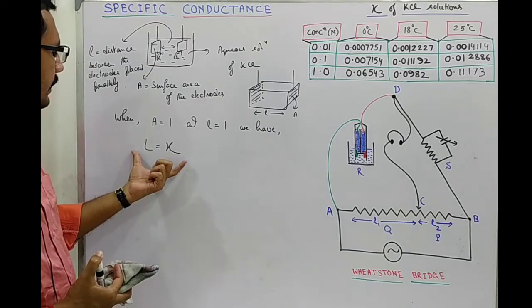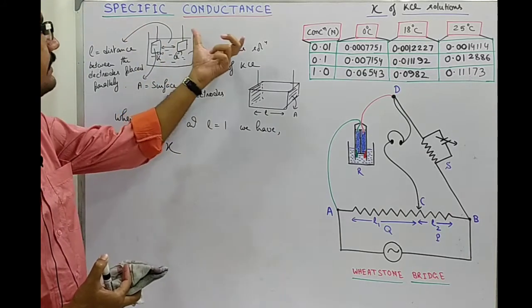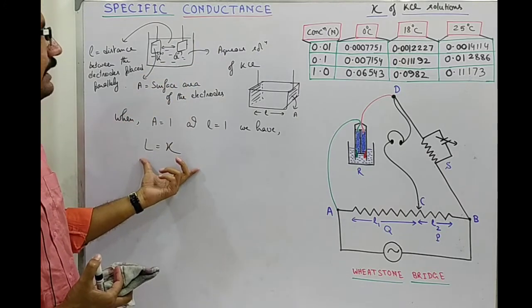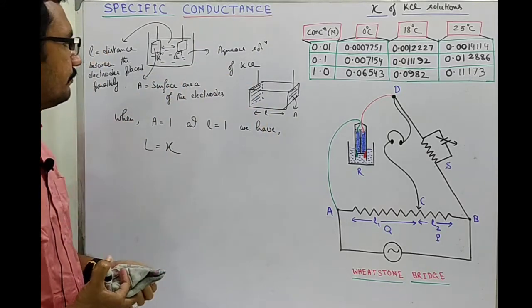Now, how can specific conductance be defined in case of an electrolytic conductor?